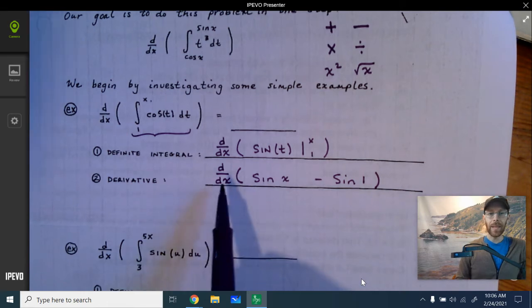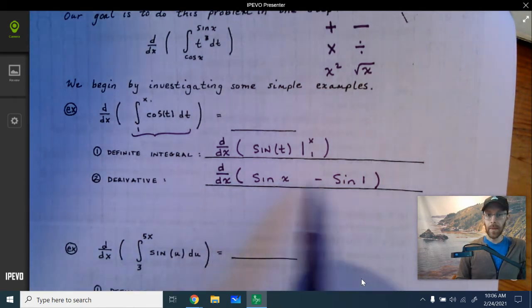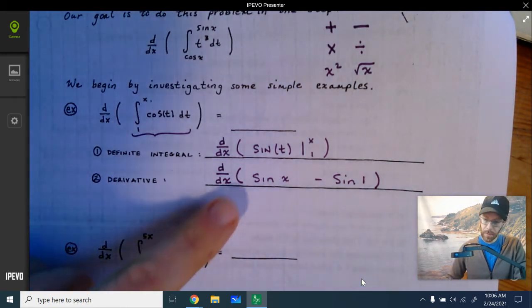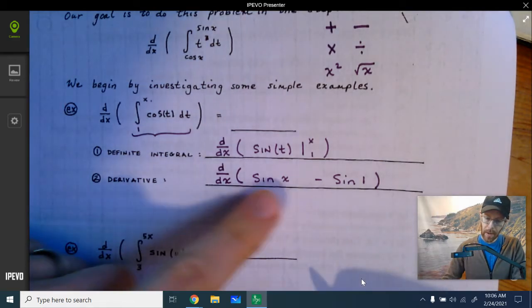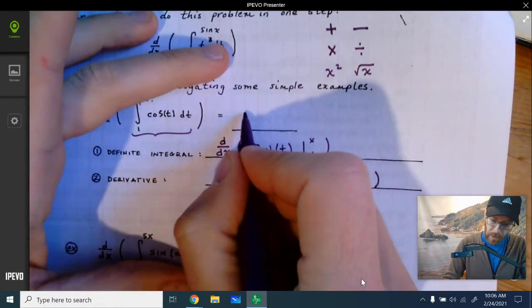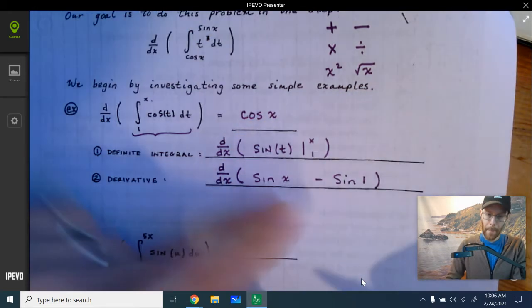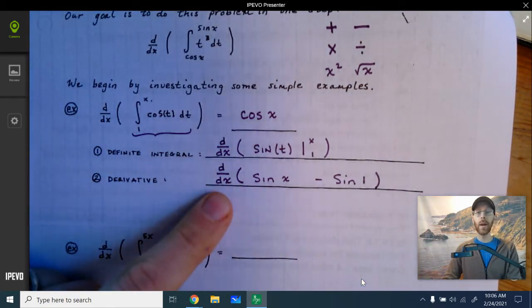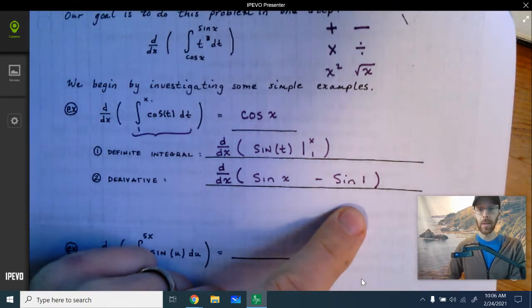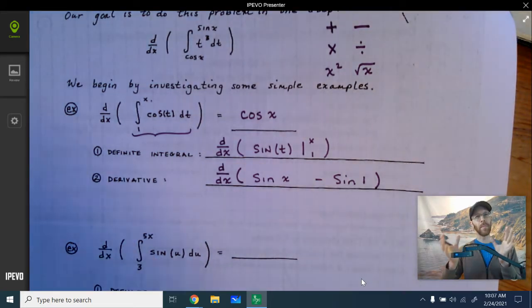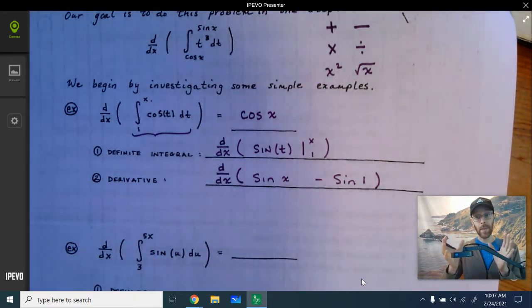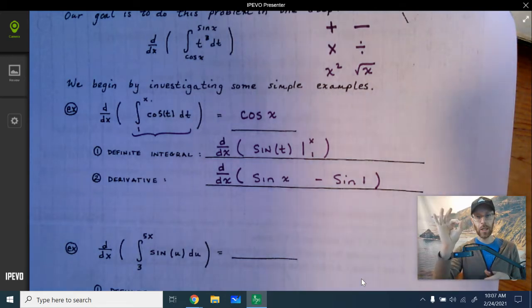And then we need to take the derivative of this. Let's take it in parts. First part, the derivative of sine of x is the cosine of x, minus the derivative of the sine of 1. Wait, the sine of 1 is a number, and I know the derivative of a number is 0.